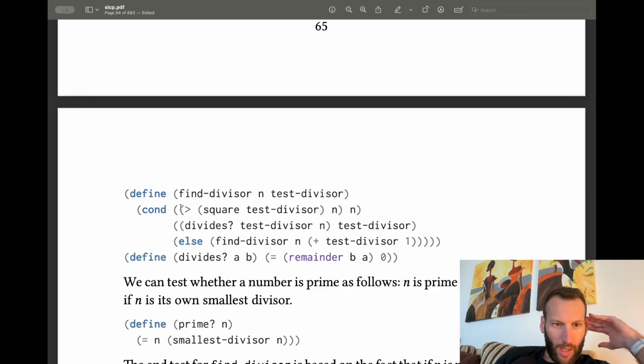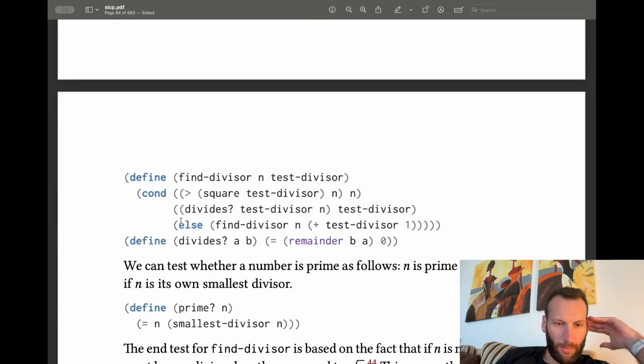We have these conditional procedures. Okay, this is simply the definition plus a helper procedure divides. This procedure basically is checking if B is a perfect divisor of A.